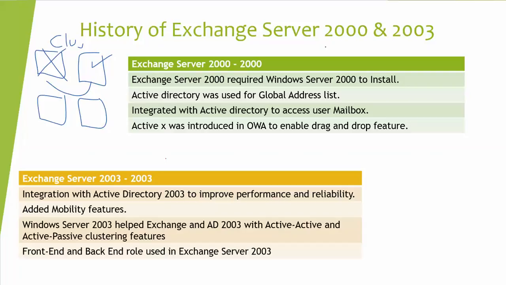For example, if this server goes down, this one is going to work, and if this one goes down, this one is going to work. So you have four servers working for you and doing the failover, and that is active to standby, which is failover.